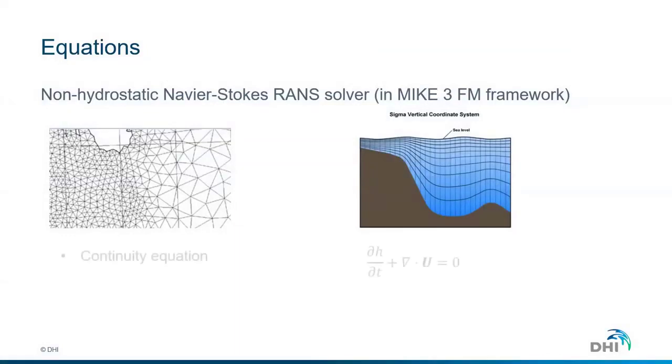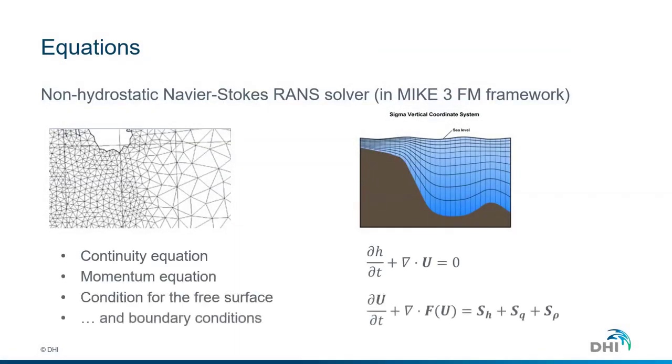Now let's go a bit further and dig into the equations. What we are actually solving is the non-hydrostatic Reynolds-averaged Navier-Stokes equations, consisting of continuity and momentum conservation in all three dimensions, where we have a description of the free surface with the sigma-following height function, meaning that we have a single-valued description of the surface height.